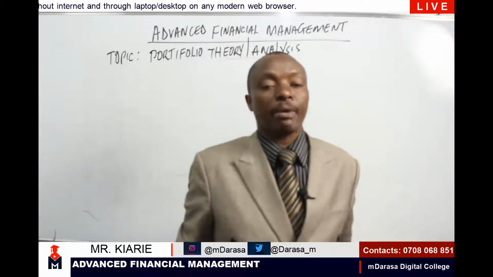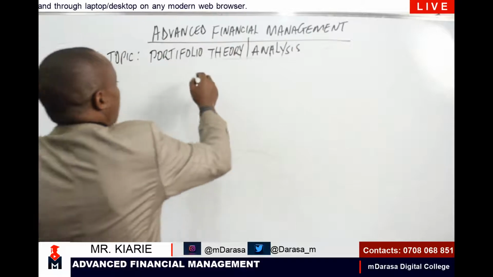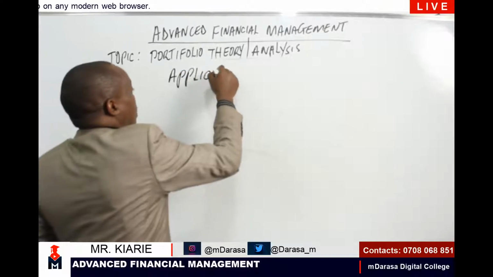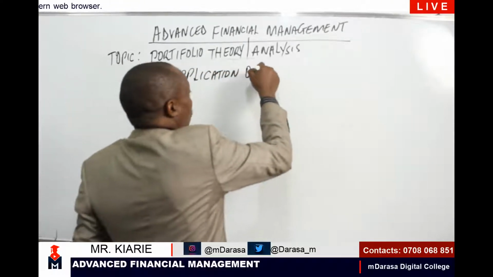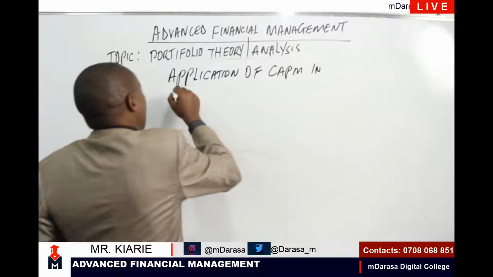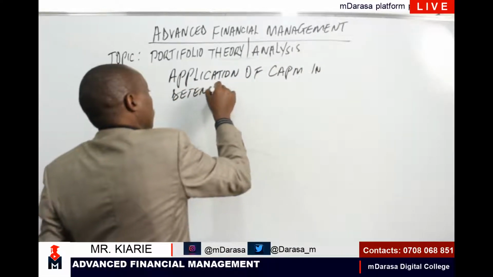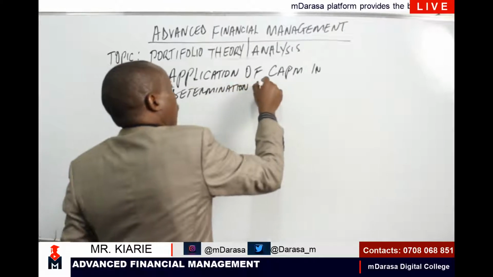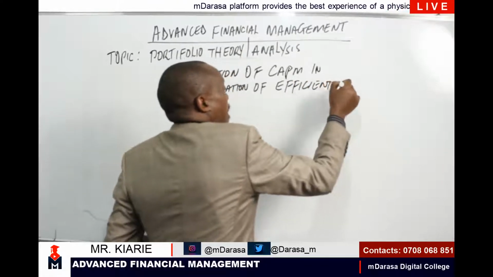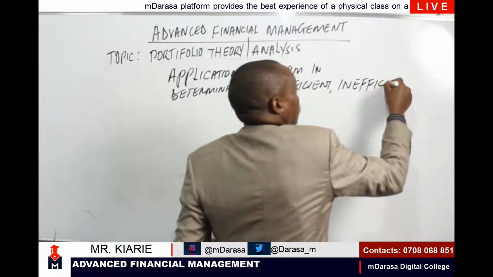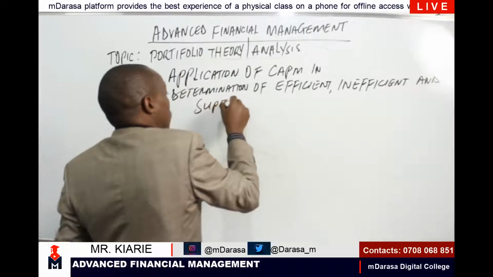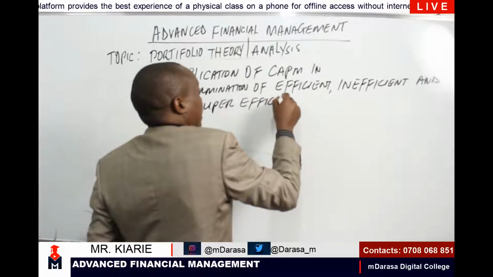Before we go to the past papers, I want us to understand a sub-item in CAPM, that is, the application of CAPM in determination of efficient, inefficient, and super efficient markets.